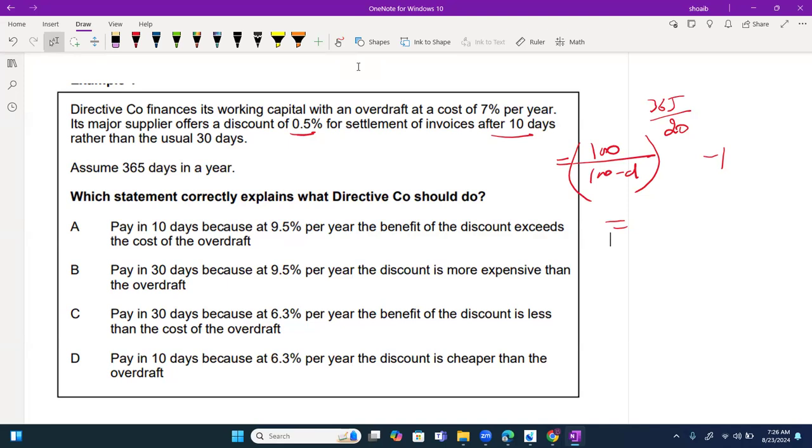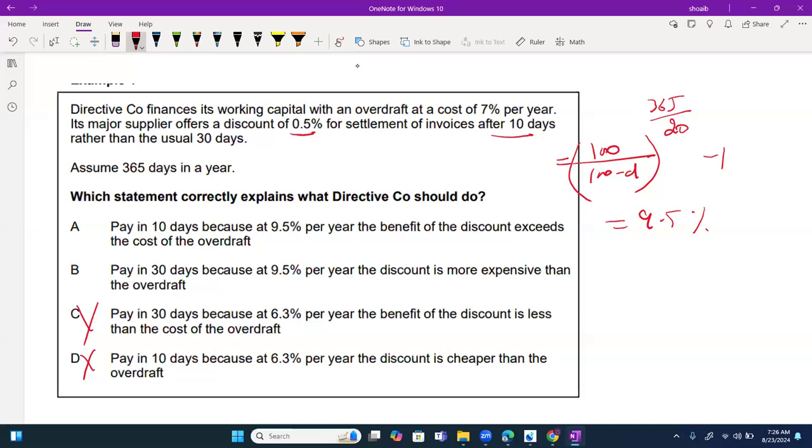Approximately 9.5. It's 9.5 something. Precisely, it is 9.58. Let's say 9.5. I can see 9.5. So these two are not the answer. So compare this 9.5 with the cost of overdraft.